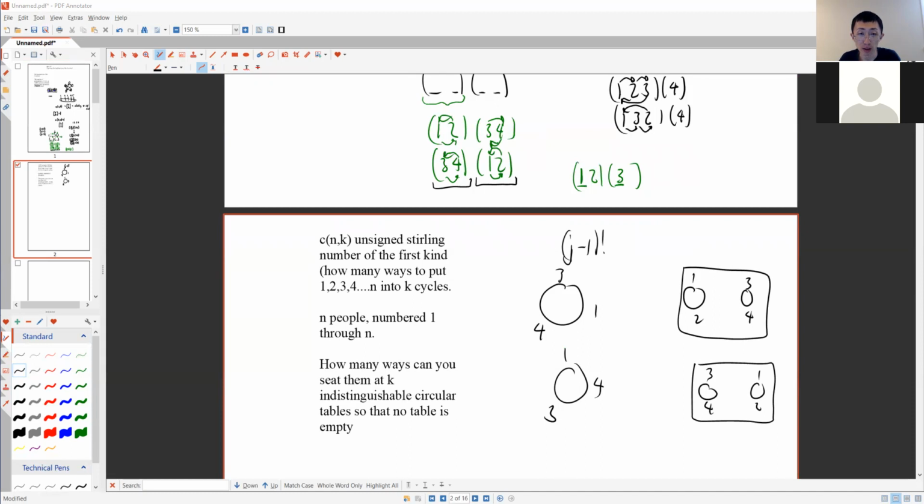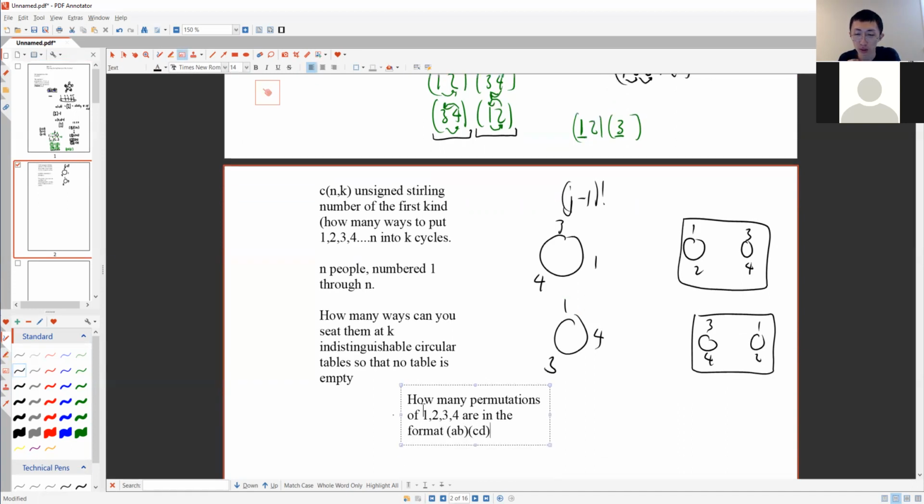So how many permutations of 1, 2, 3, 4 are in the format (A B)(C D)?